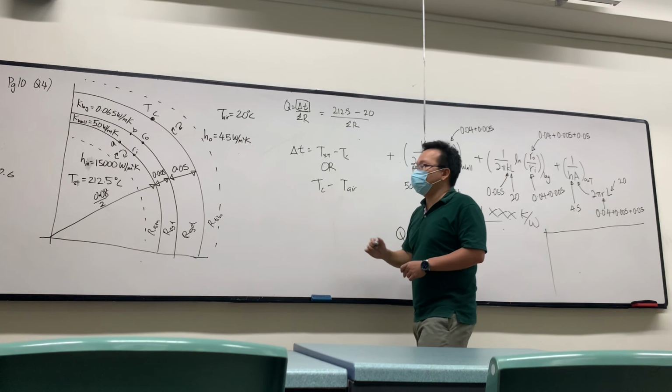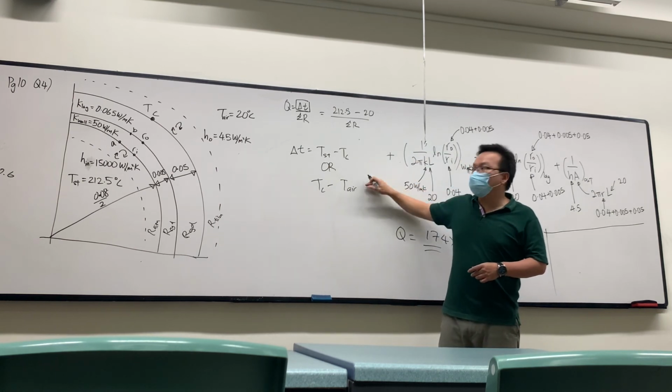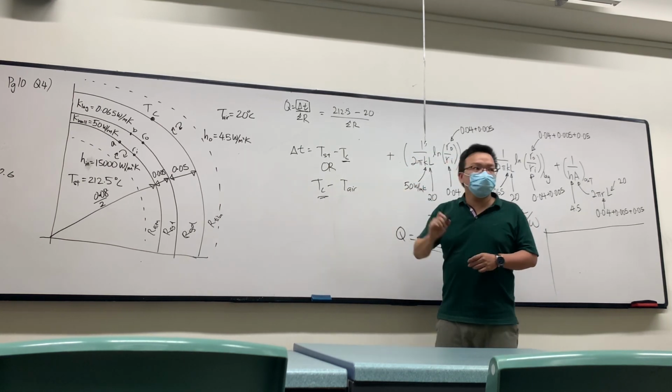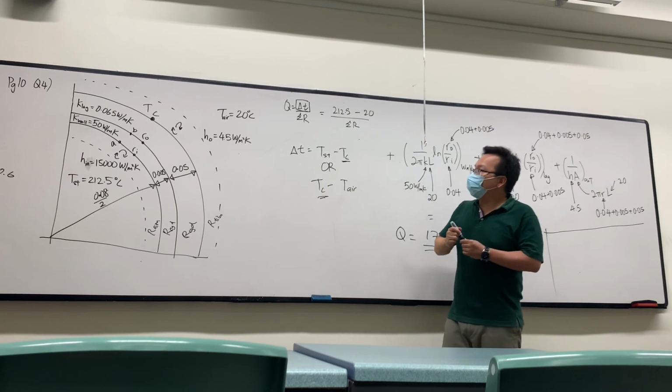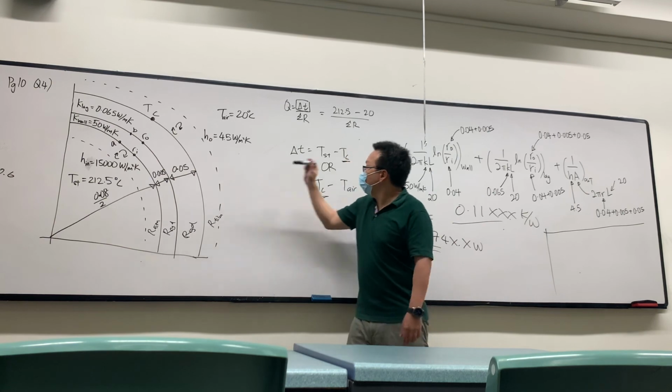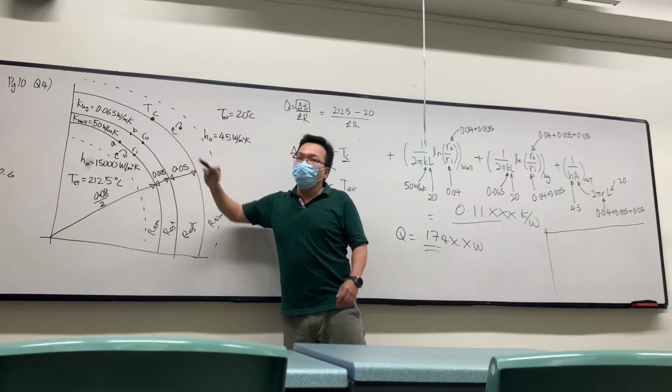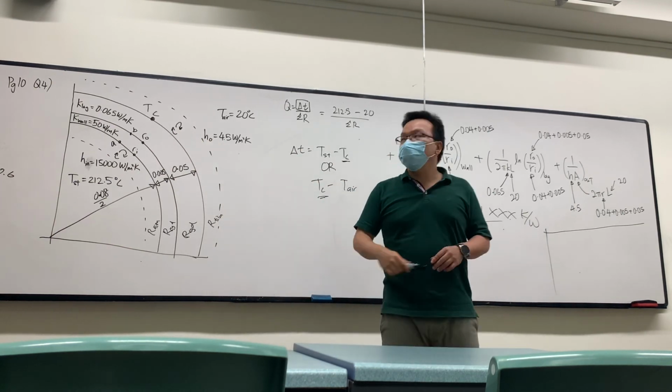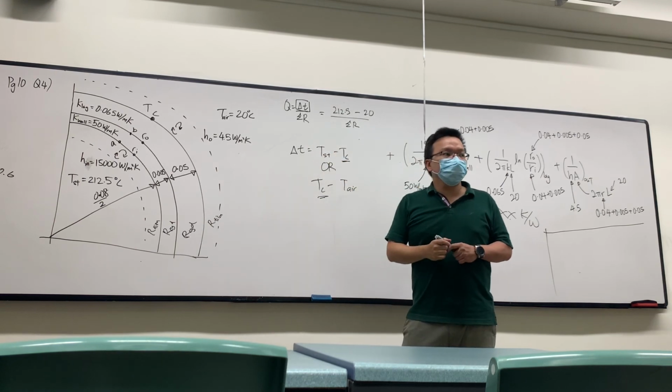Both are valid, correct or not? Because both have TC inside. If I use T saturated steam minus TC, how many layers must I have? 3 layers for R.